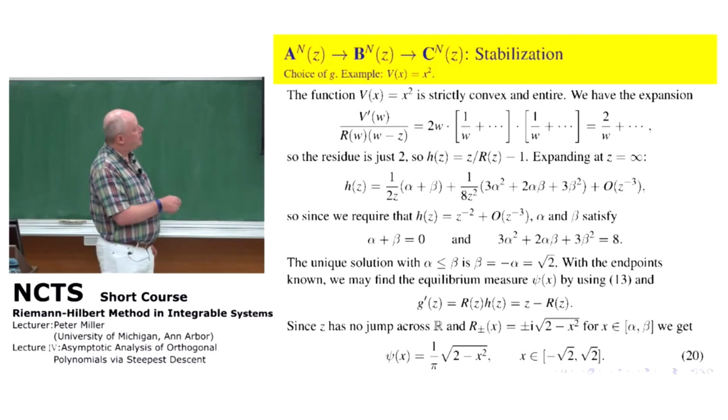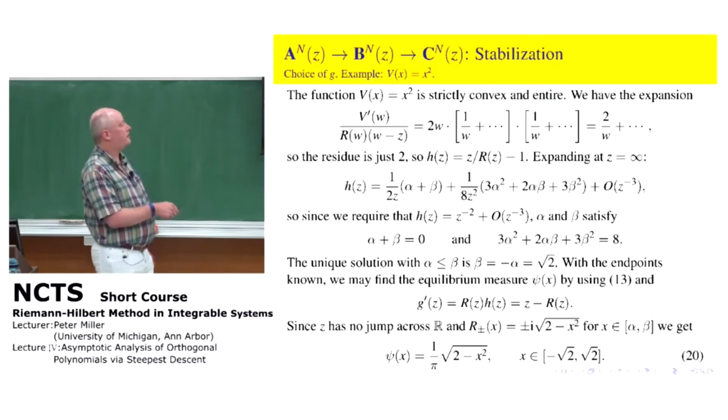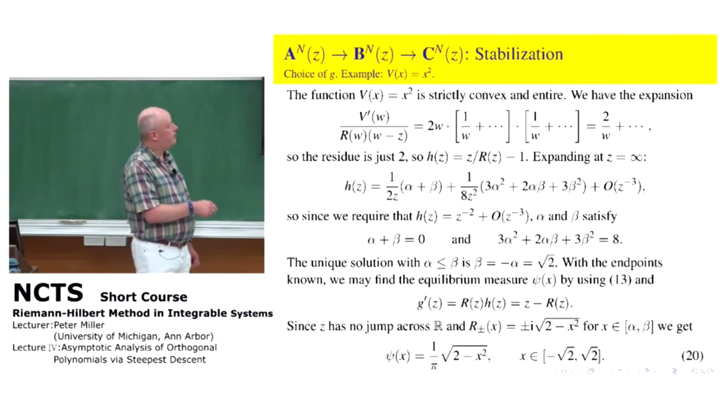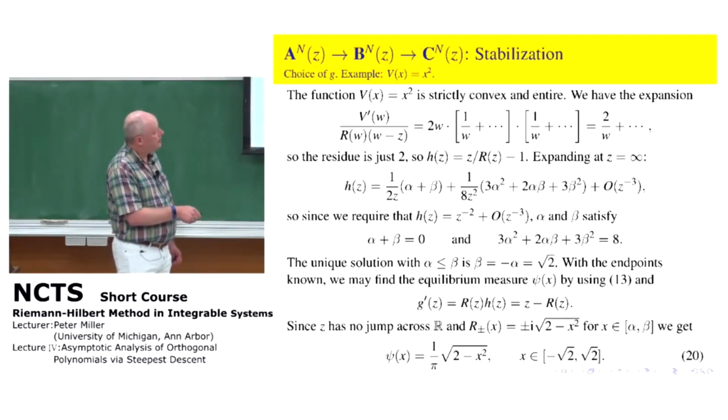So anyway, now alpha and beta are opposite values, plus or minus root 2, and the endpoints are known. So now we can get the equilibrium measure by using the relation between g prime and h, which is this explicit formula. H is this function, and then all I have to do is take the difference of the boundary values of g prime using the Plemelj formula. So this part has no jump on the real line, and for this one, the boundary values have a jump of plus or minus i times the square root of 2 minus x squared in the support interval.